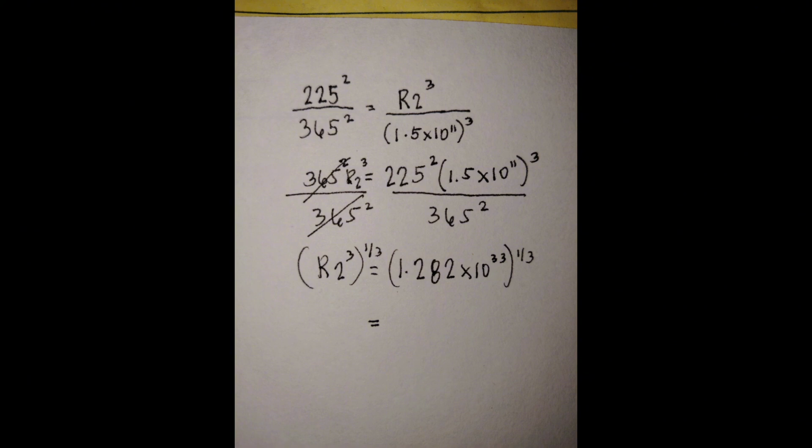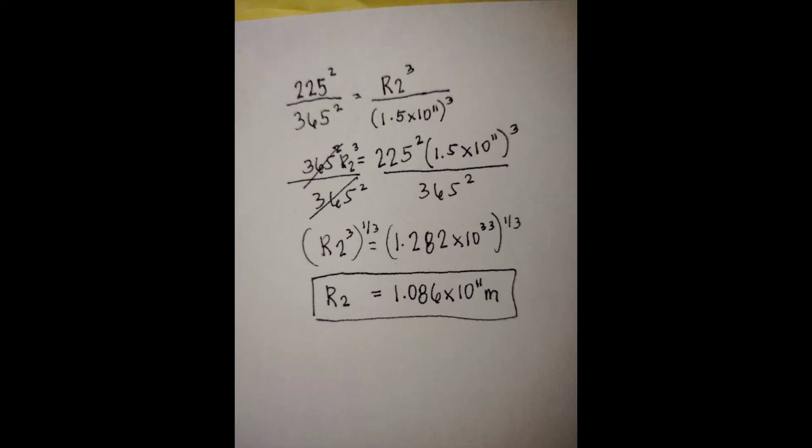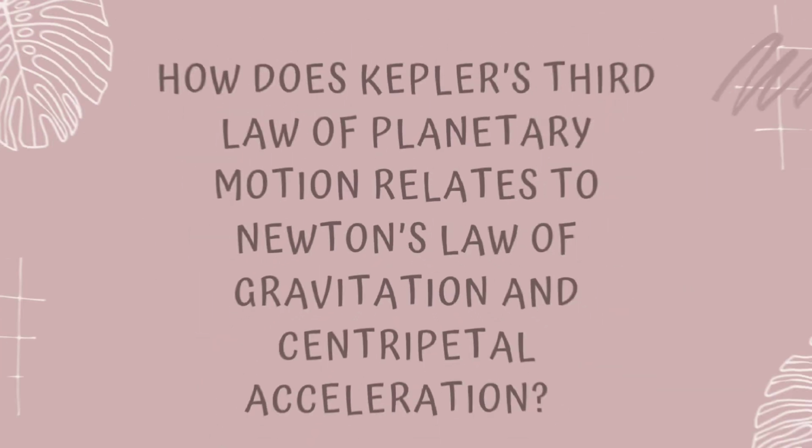So, the r2 is the cube root of that number, which is 1.086 times 10 to the 11 meters. So as you can see, it's less than the Earth-Sun distance because Venus is closer to the Sun.